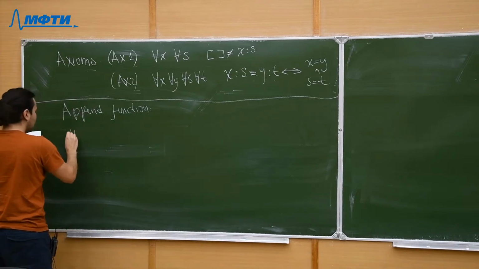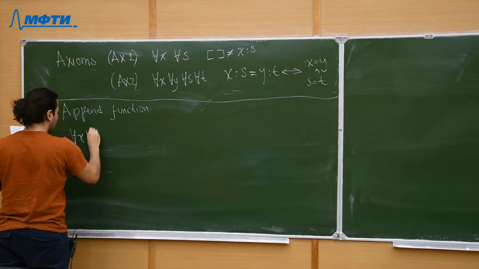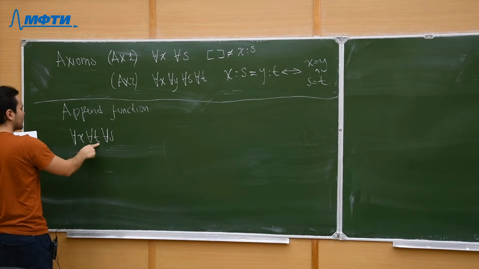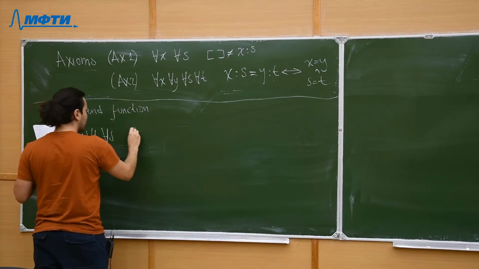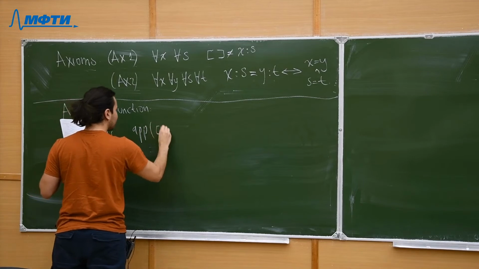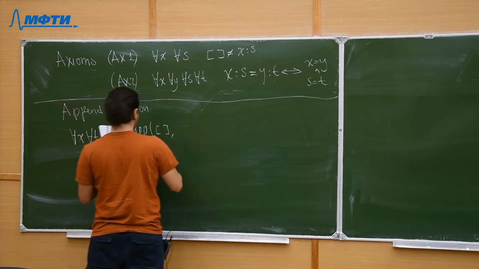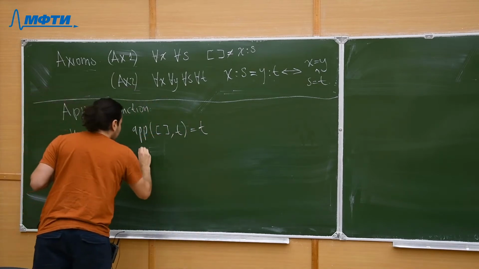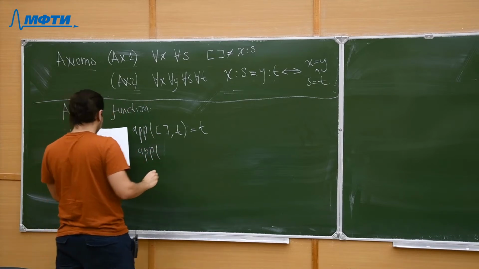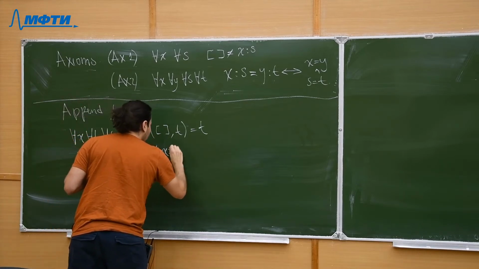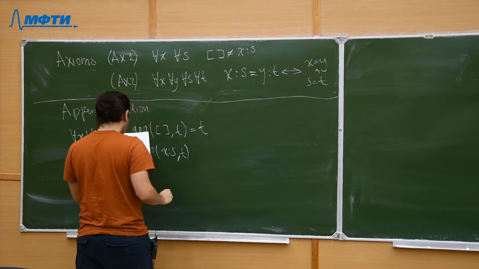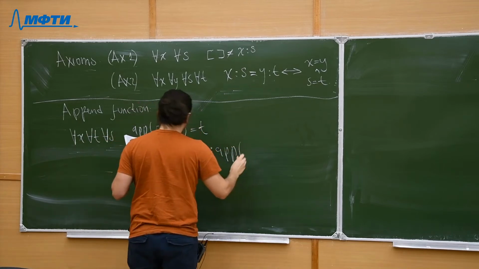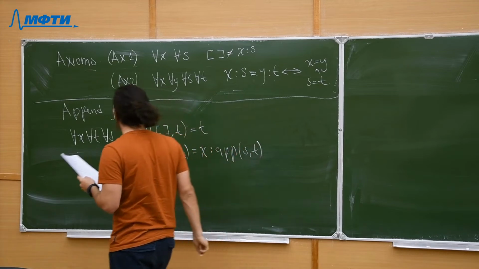For all symbols X and for all strings T and S, the app of the empty string and T is going to be T, and the app of X:S and T is going to be X:app(S, T).